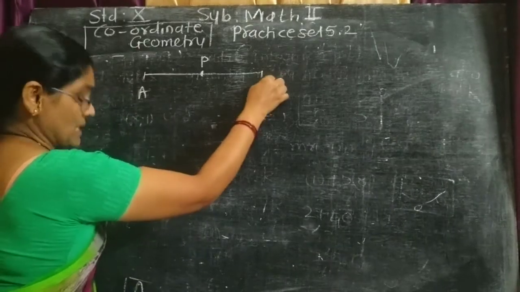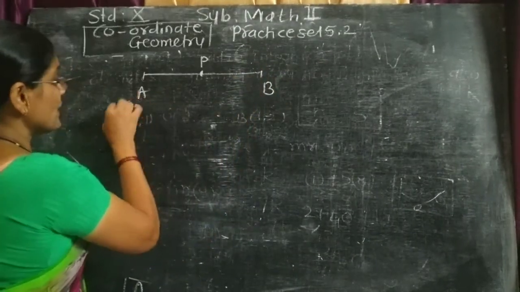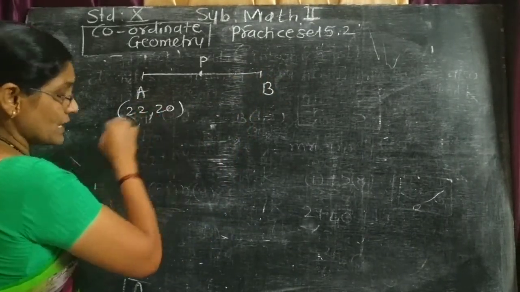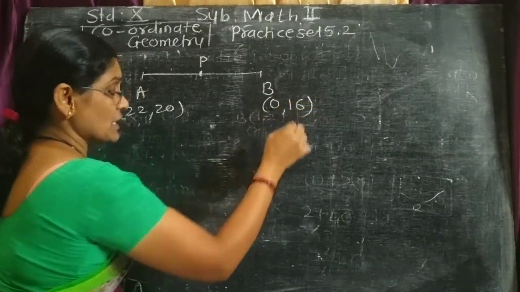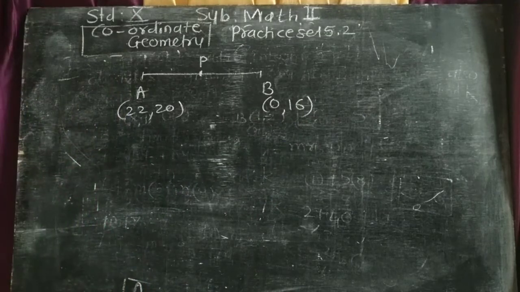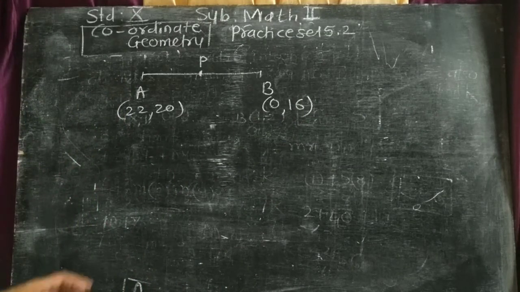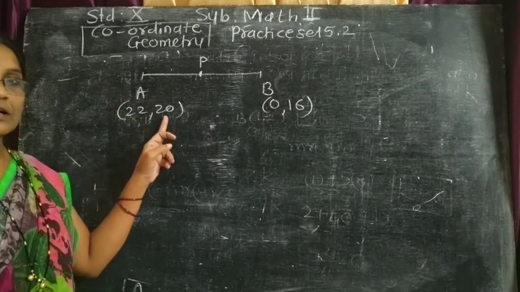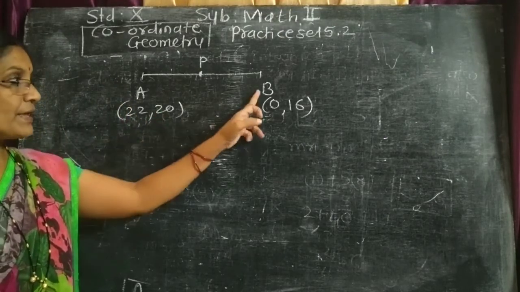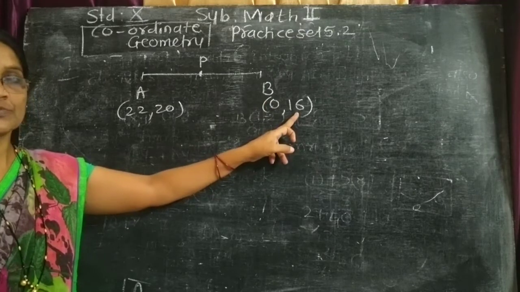A and B, that are given as (22, 20) and (0, 16). Here point A is (22, 20), B is (0, 16). We assume that.